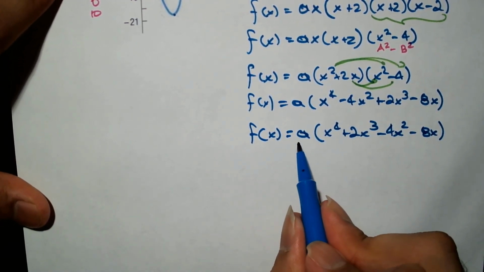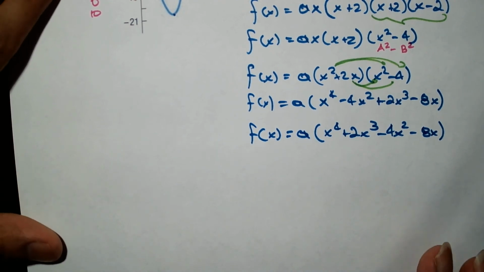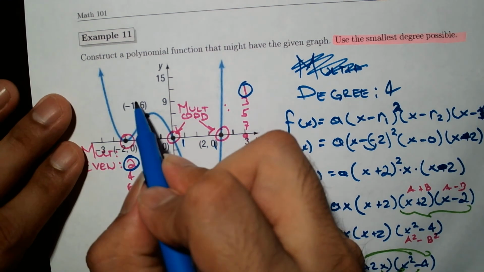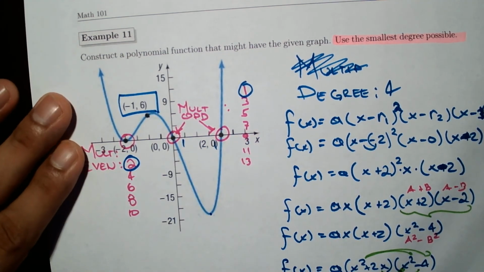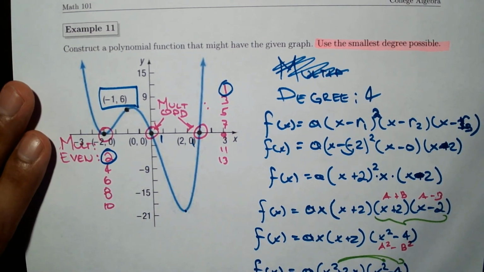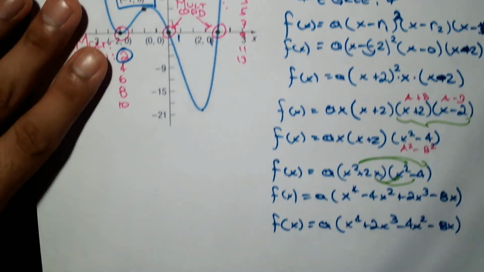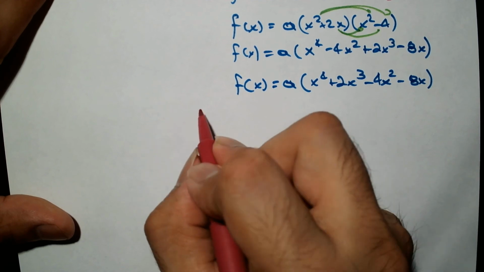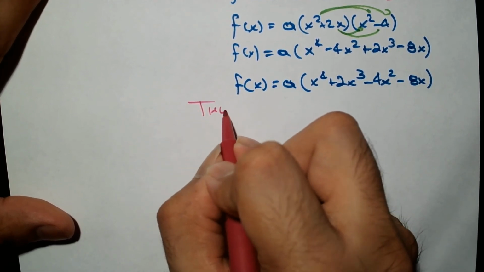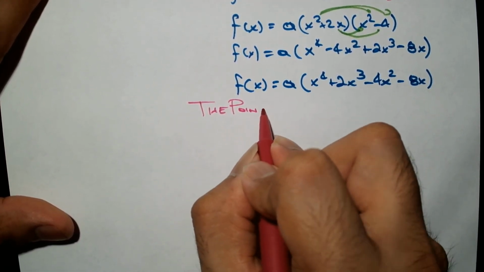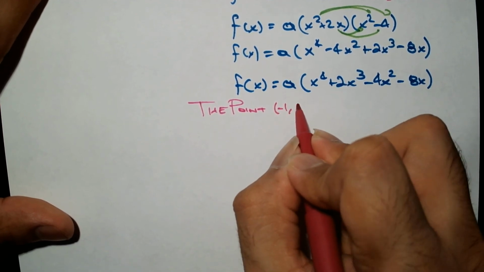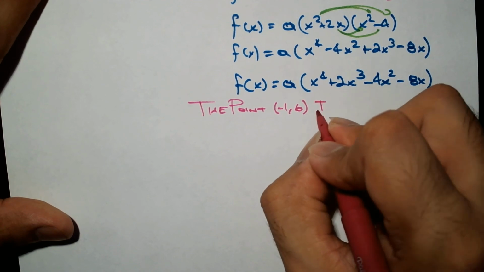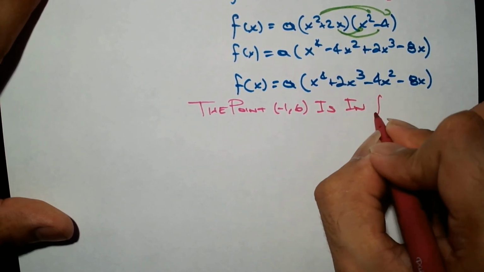Now I need to find what a is, and in this case we are not just going to choose our favorite value. We know that the function has the point negative 1 comma 6. The point negative 1 comma 6 is in f of x.